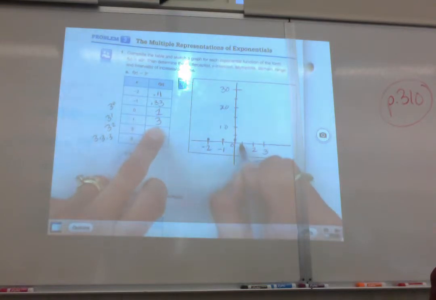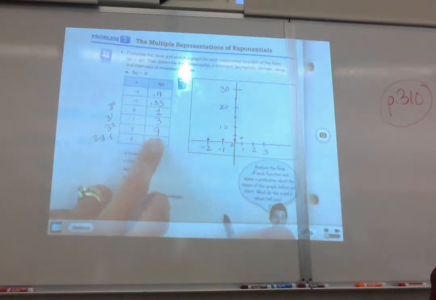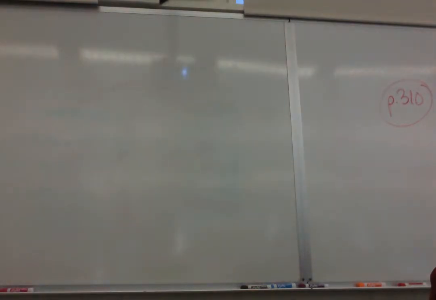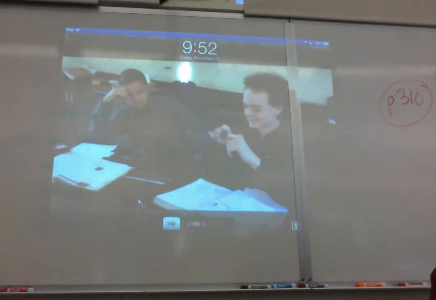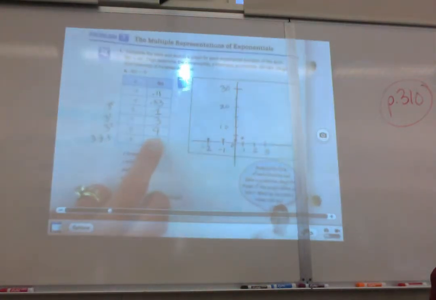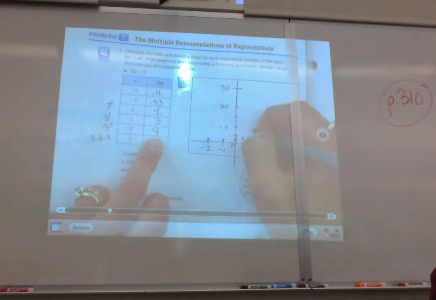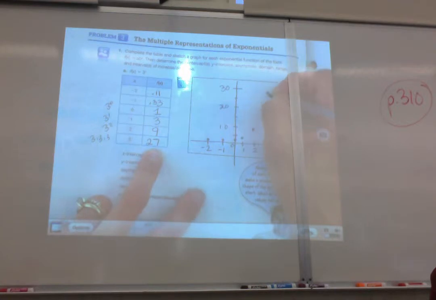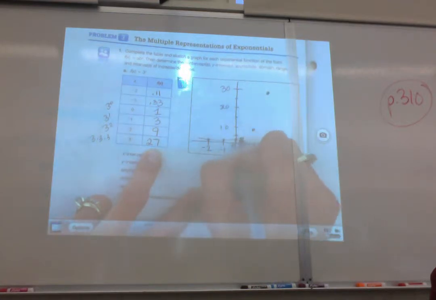And then at 1, I'm up to 3. Tiny bit, but still not to my first mark. Finally, 2 is at 9. 3 is at 27. So there's my swoop.